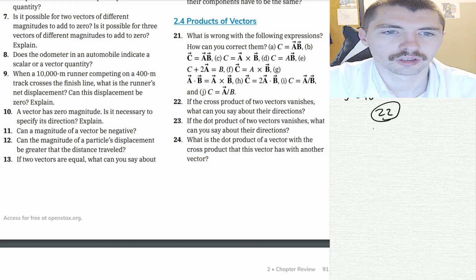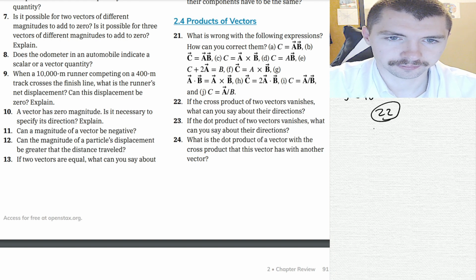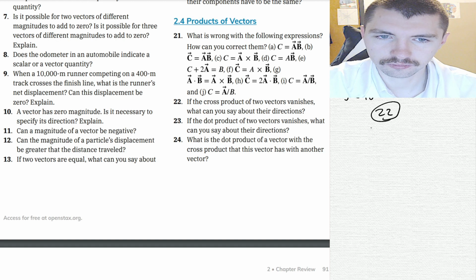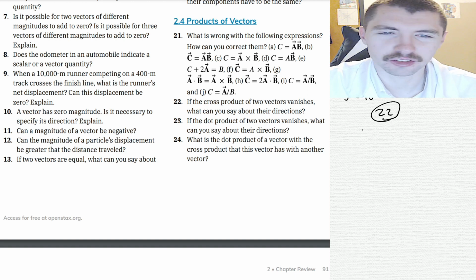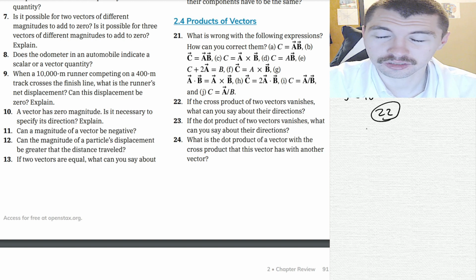22. Cross product. They vanish. I don't know, what do you mean vanish? Is it 0?